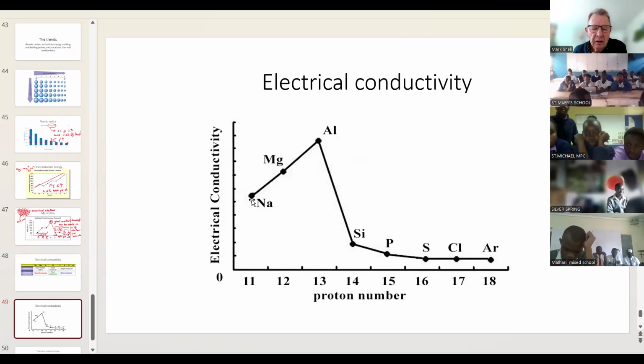This is 1 delocalized electron for each atom, 2 for each atom, 3 for each atom. Silicon, a little bit higher than all of these guys. These guys, basically just insulators, just non-conductors. This one's a semiconductor, but nothing like as good as these, the metals. So these: fewest electrons, most electrons, best conductor.